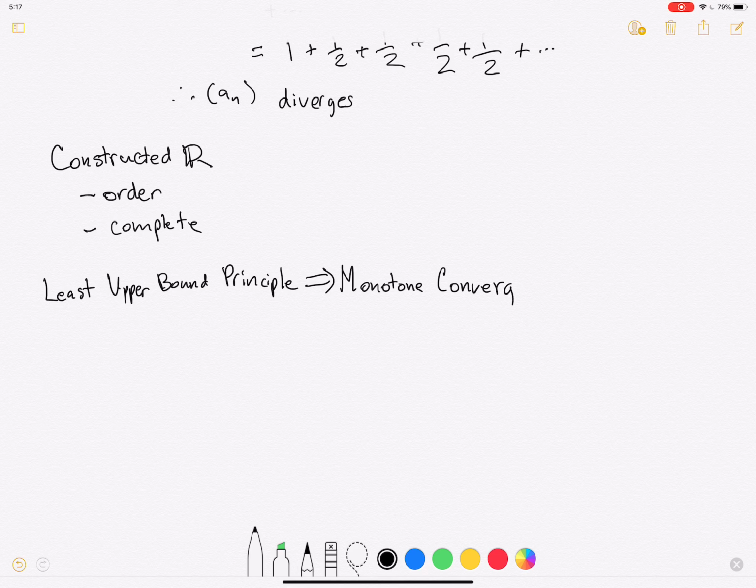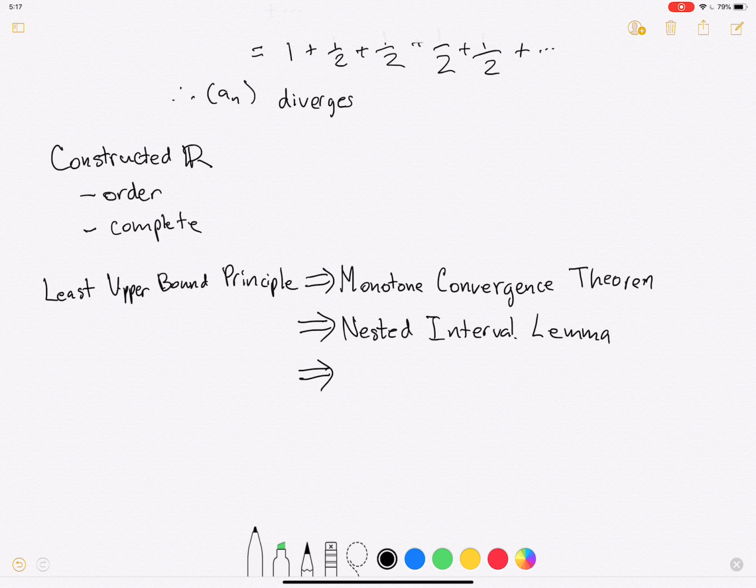Excuse me. And from there, we showed the nested intervals theorem, or lemma. I'm always unsure if there's an S on that one, but there are multiple intervals, so I'm just going to write S. Nested intervals lemma, and then showed Bolzano-Weierstrass using that one. And then we used Bolzano-Weierstrass to show that the reals are complete.